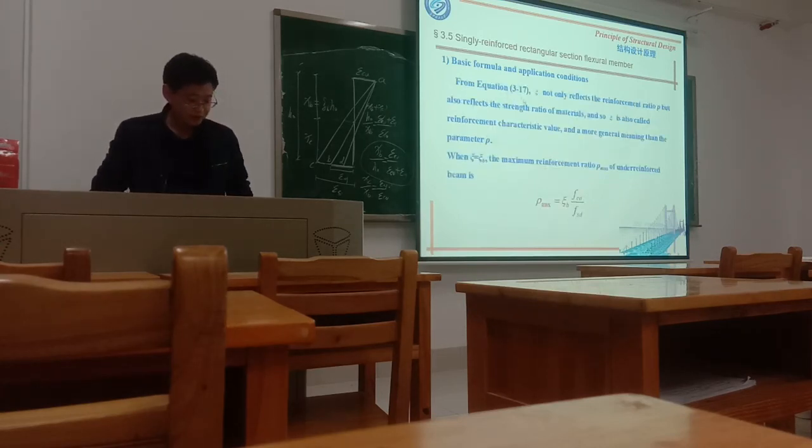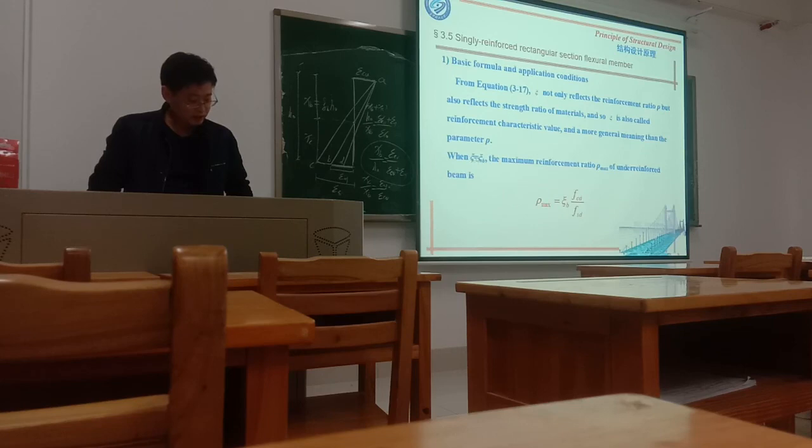From this figure we can see it reflects not only the reinforcement ratio, but also the stress ratio of the materials. So ξ is also called the reinforcement characteristic value, with a more general meaning than the reinforcement ratio.